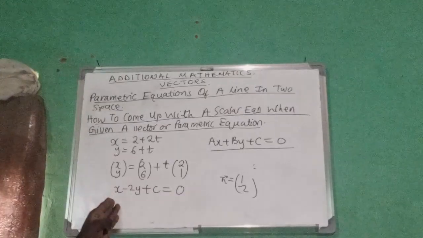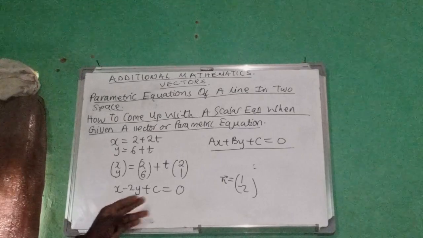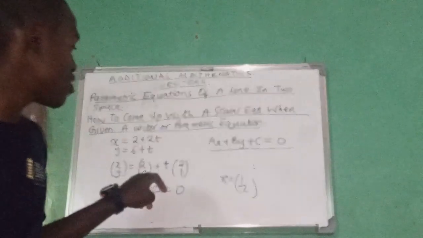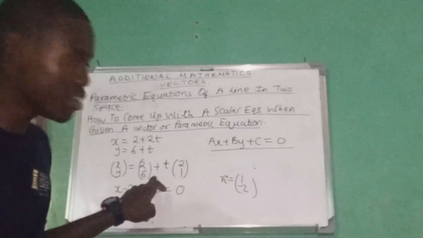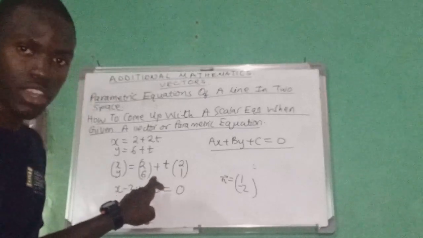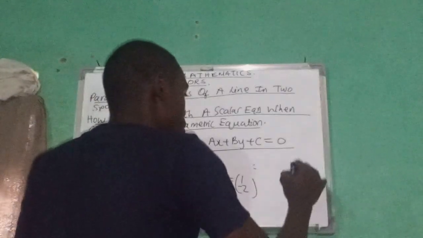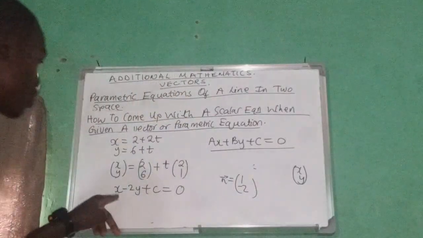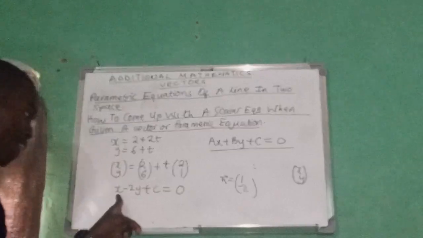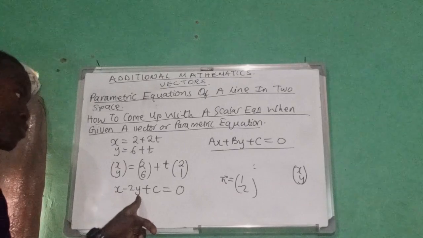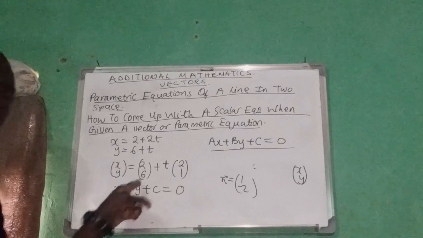The only thing missing from our scalar equation is the value of c. To find the value of c, we need this particular position vector. The position vector is always in the form of x comma y. So where there is letter x and letter y, we substitute the coordinates of the position vector.